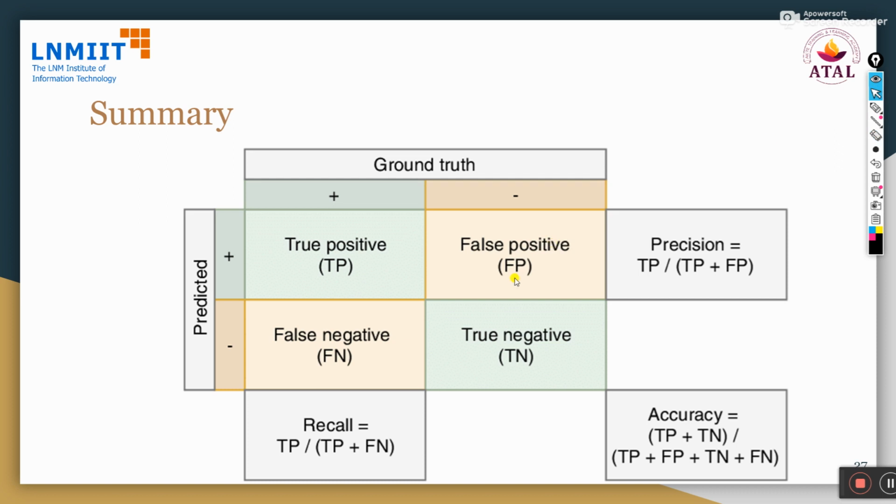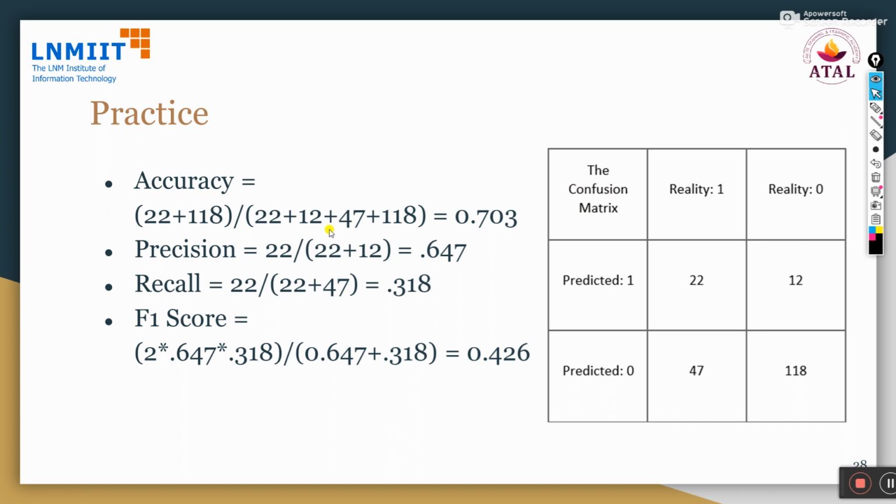Is that clear? Yes, it's making sense. So they have given an example over here. If precision is 0.647 and recall is 0.318, then this value will be like this.